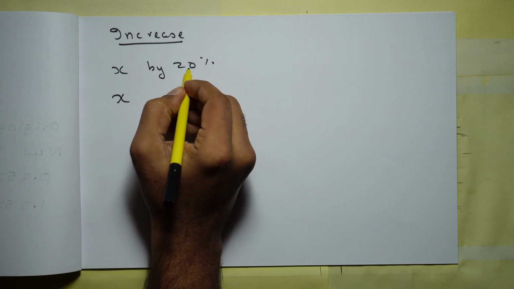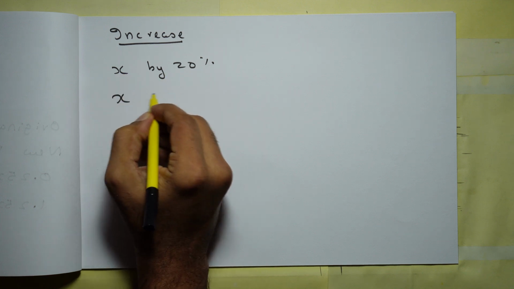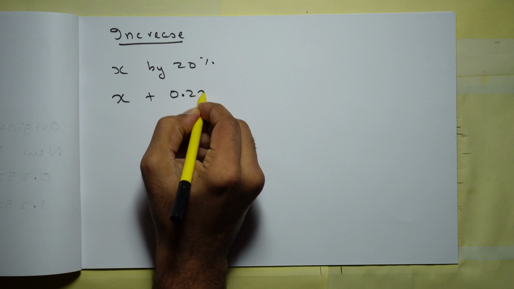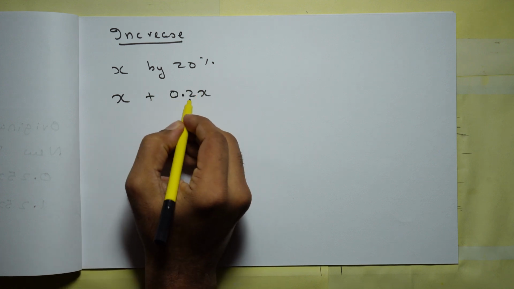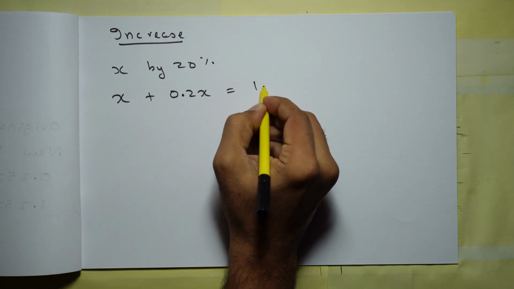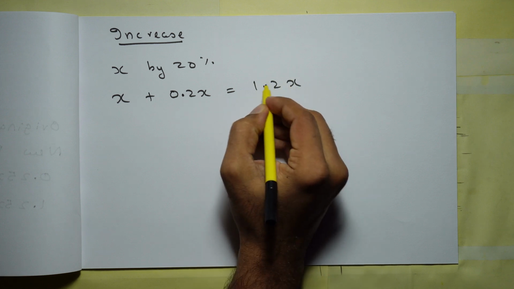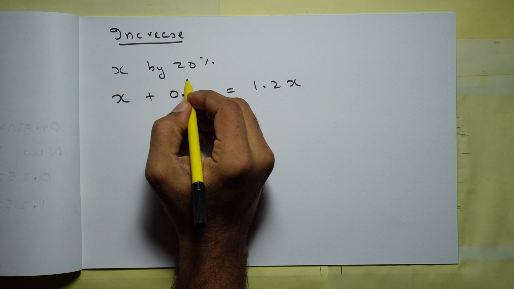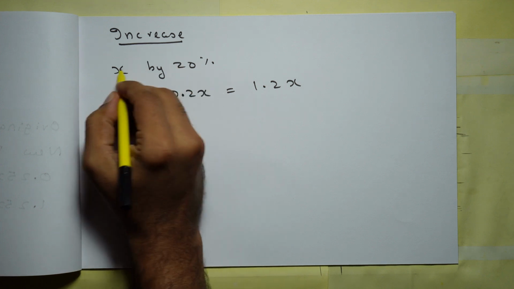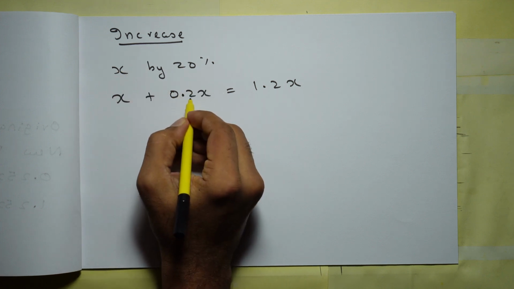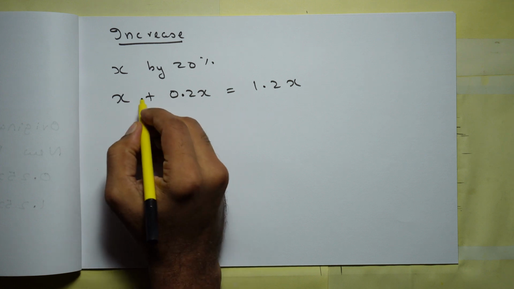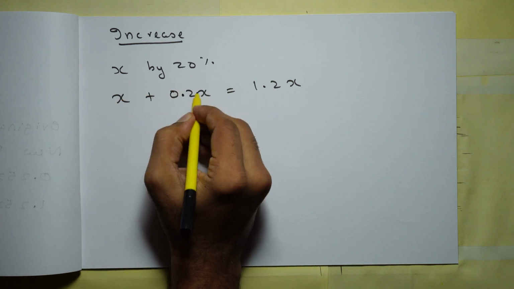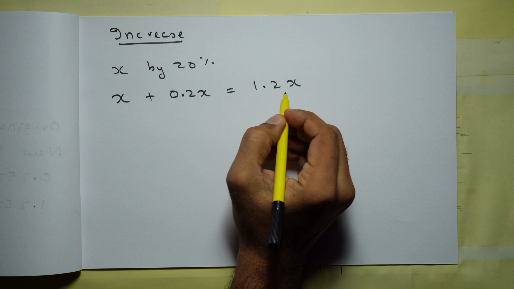So first you find out 20% of x. So that you will get it as 0.2x. So that you added to x and that you will get it as 1.2x. So 1.2x is obtained by increasing x by 20%. So like that you can increase x by 20% and you will get it as 1.2x.